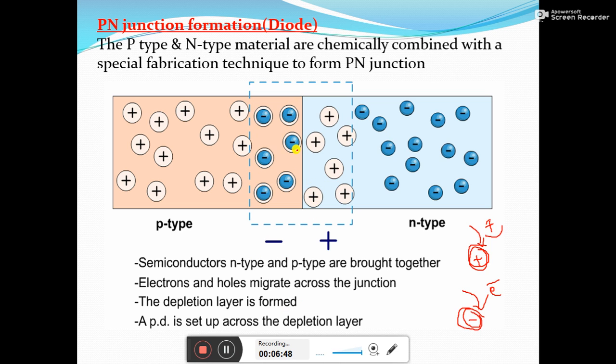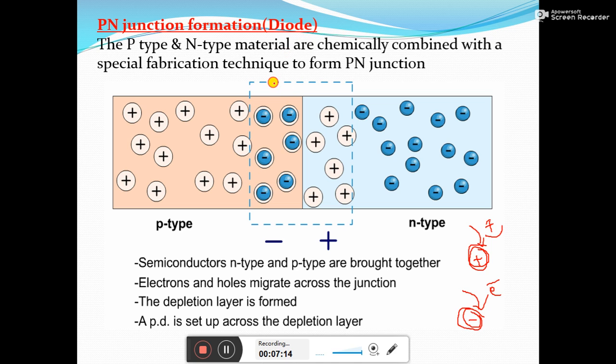Due to immobile positive ions on the n side and immobile negative ions on the p side, there exists an electric field across this junction, and this creates a potential difference across the depletion region which acts like a barrier. So you can see here, this can act like a negative potential.